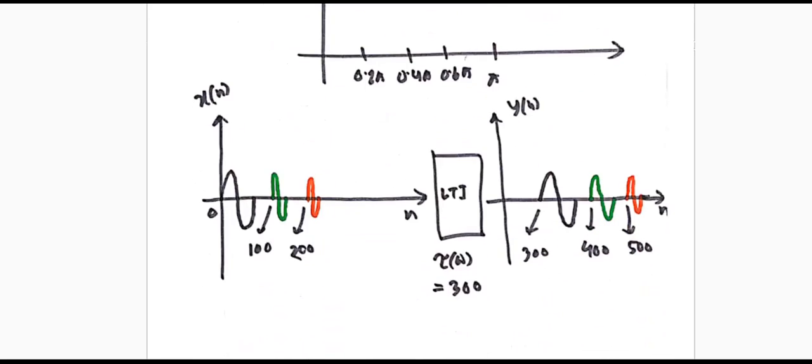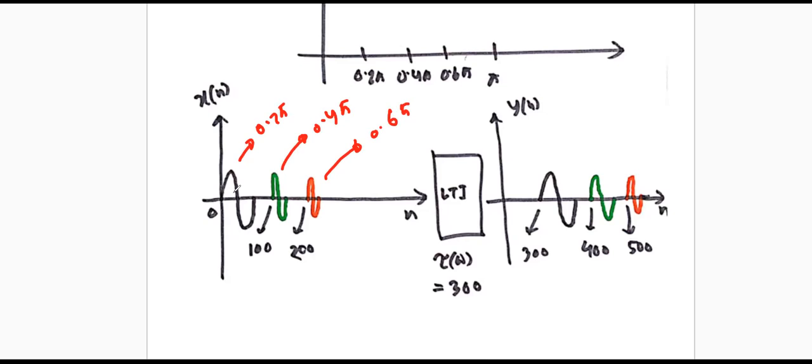Now, let's say this is your time domain signal. Intentionally, it has been given like this. Let's say this is the 0.2π signal, this is 0.4π, and this is 0.6π. By seeing the time domain signal, you can also understand that this is a higher frequency, this is a medium frequency, and this is a low frequency.